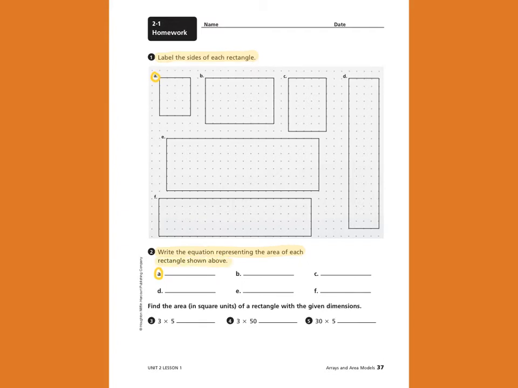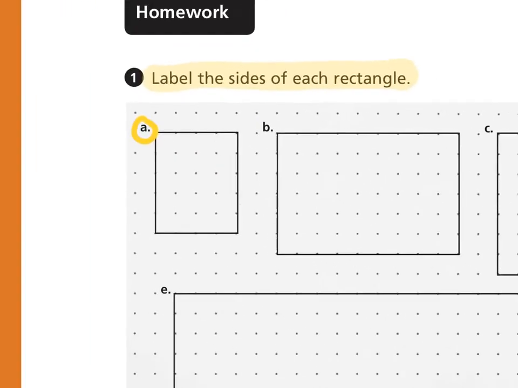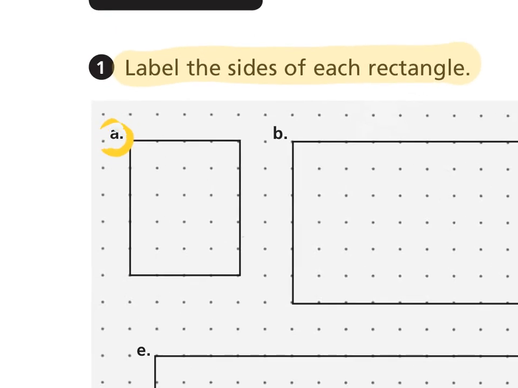When you are labeling the rectangles, you need to count how many rows and columns are in each rectangle. And you do that by counting the jumps that you make. So let's start with the columns that are going to go down like this. I'm going to start with my pencil here, and I'm going to count how many jumps it takes me to get to the end of this row.